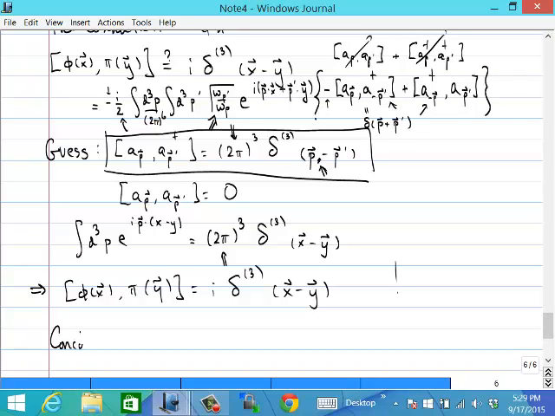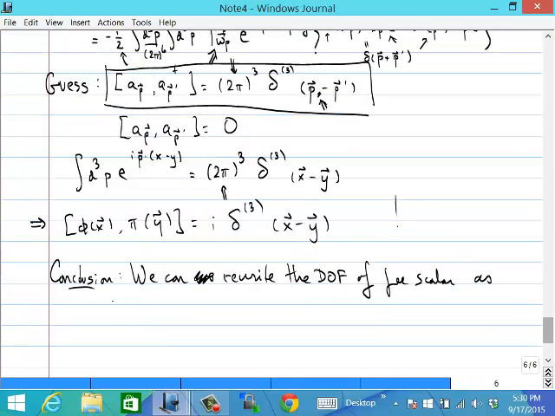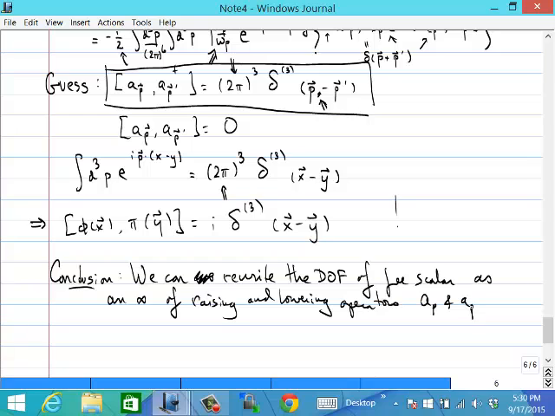The conclusion is that we can always rewrite the degrees of freedom of a free scalar field theory as an infinite number of raising and lowering operators a_p and a_p dagger.